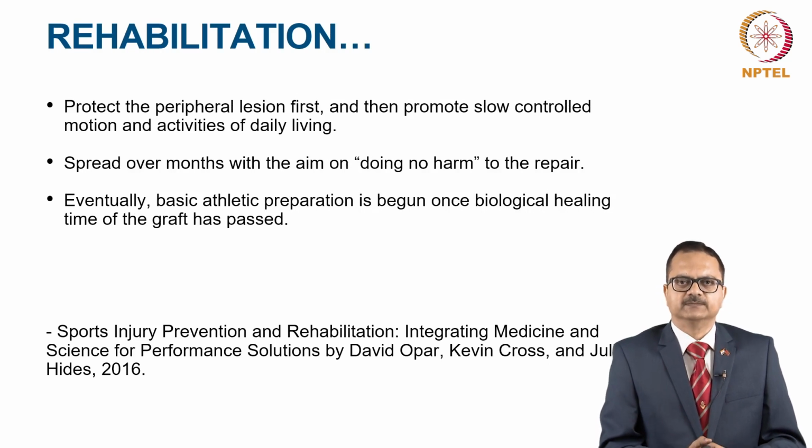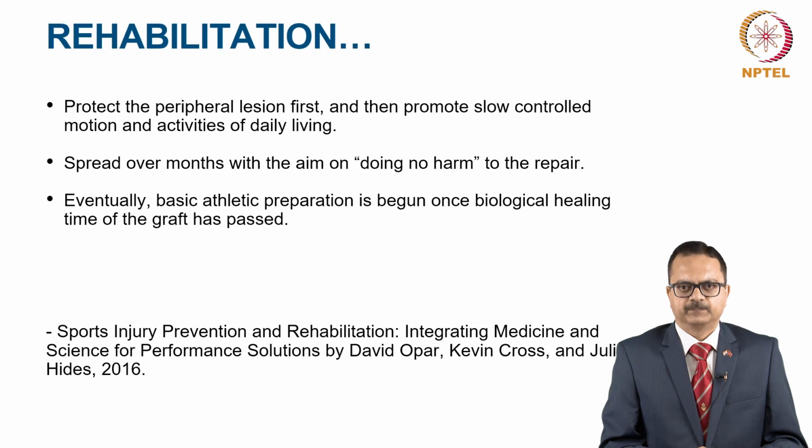During rehabilitation, you try and protect the peripheral lesion first, and then promote slow, controlled motion and start the activities of daily living. Generally, rehabilitation is spread over months, and the first principle of rehabilitation is do no harm to the repair.